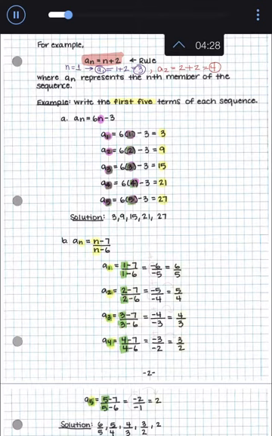We just need to make sure that we follow the order of operations by simplifying the numerators and denominators before we actually do the division. On this first one, the 1 minus 7 gets us negative 6, and the 1 minus 6 gets us negative 5. Well, a negative divided by a negative does get us a positive, so we get a positive 6/5.